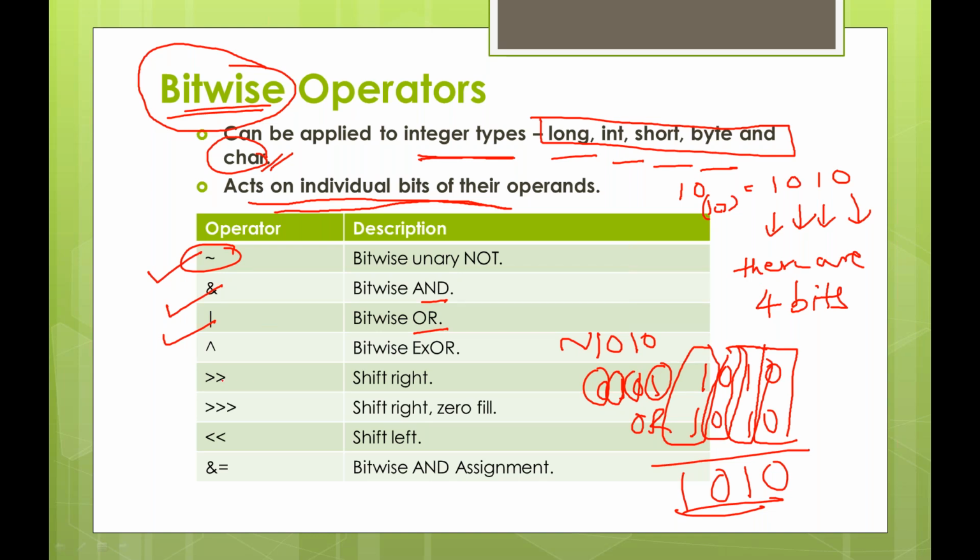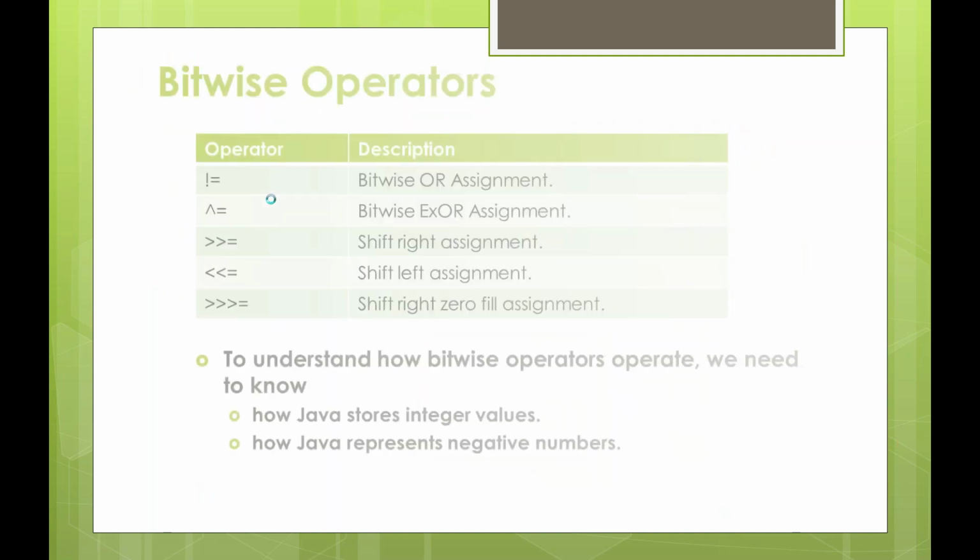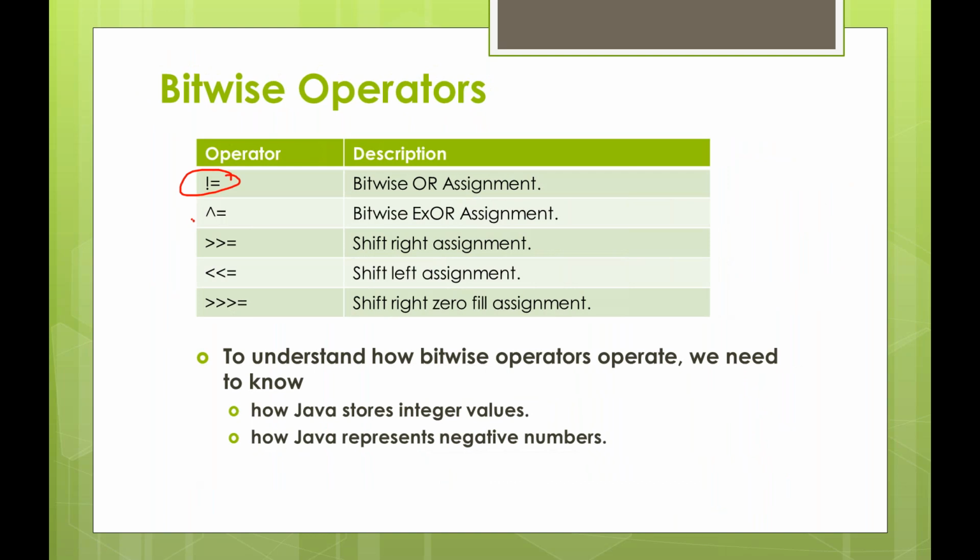There are other operators like right shift, zero fill, left shift, and similar to other operators, we have bitwise AND and assignment, OR and assignment, XOR and assignment, right shift and assignment, left shift and assignment, and right shift zero fill. We'll see an example with all these operators.